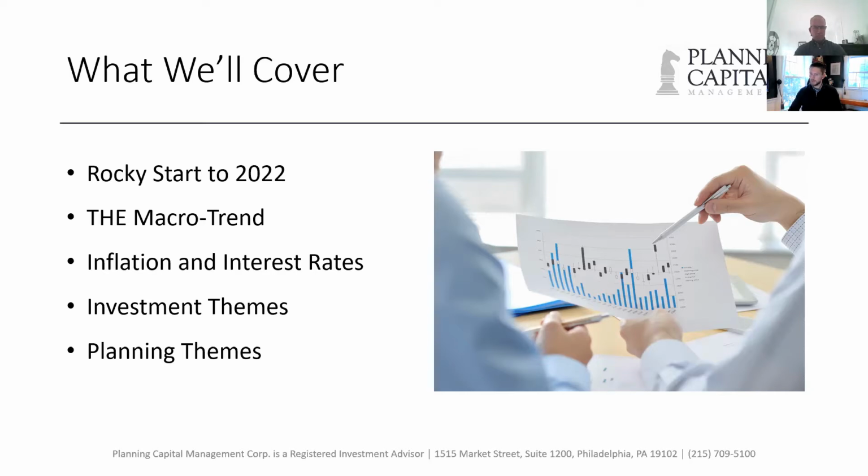The hot topic, and probably one that is likely to stay, but we'll talk about that, is inflation. And what that means for interest rates, and then we'll go through what it means for portfolios, for planning strategy. How all of these apply to investments.